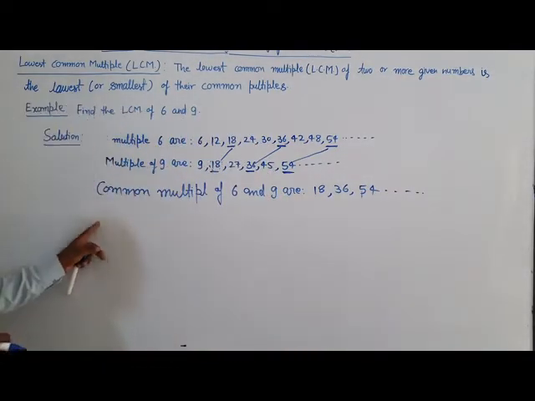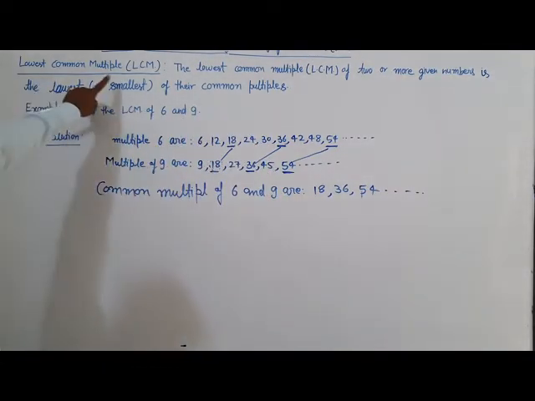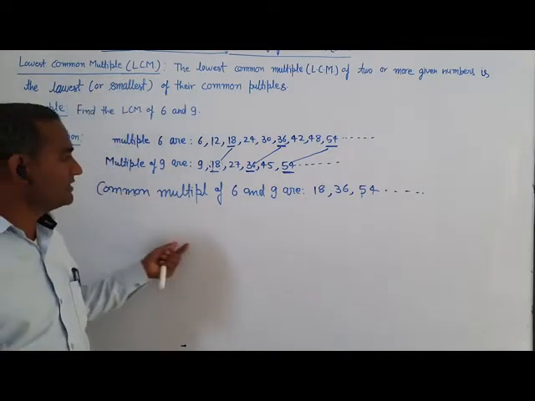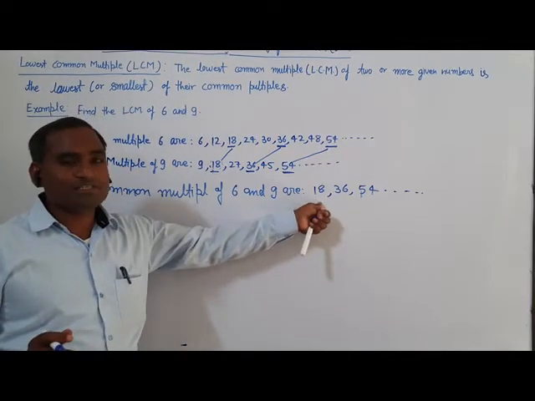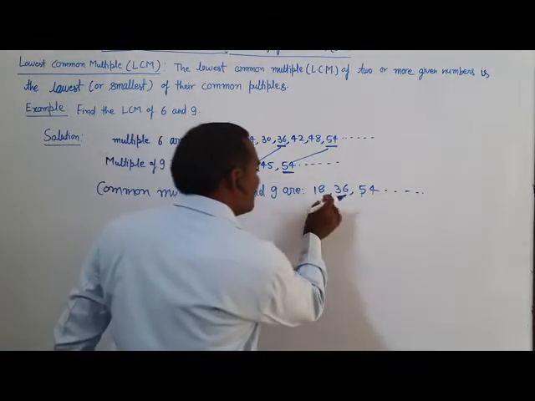Now, regarding the lowest common multiple. What is the lowest common multiple? The smallest one is 18.